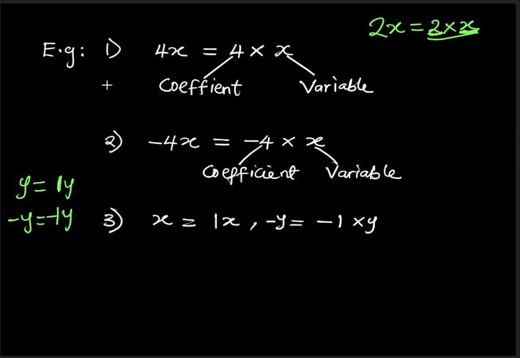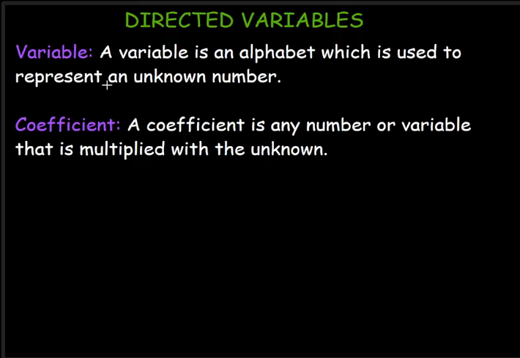So that is what we'll be doing in the first part of this video, just for us to understand what a variable is and what a coefficient is. A variable is a letter or an alphabet that is used to represent an unknown number, while a coefficient is any number or variable that is multiplied.